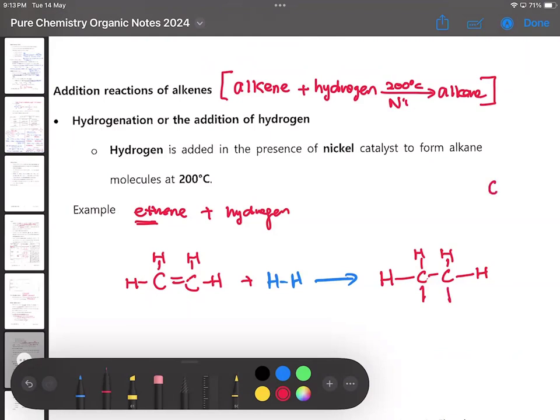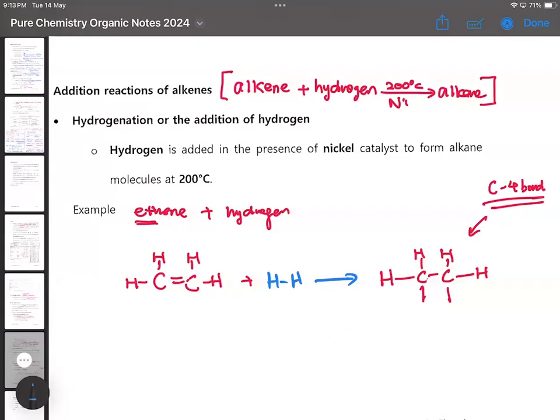Because remember, carbon must have four bonds. If you break the CC double bond, now this carbon needs to bond to something else. So what comes in is the addition of hydrogen. The two hydrogen atoms will each go to each side over here, and you will get ethane. Simple.